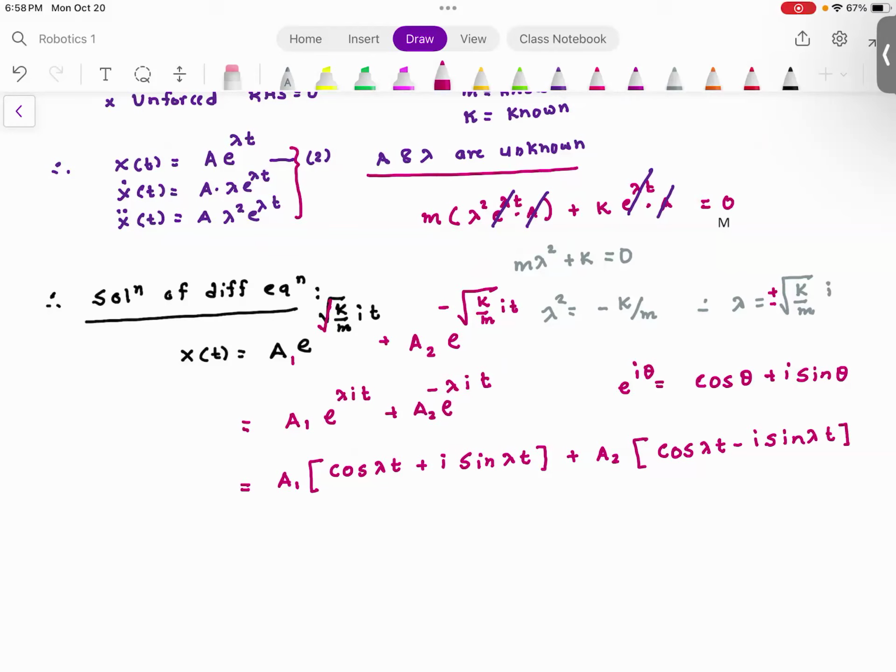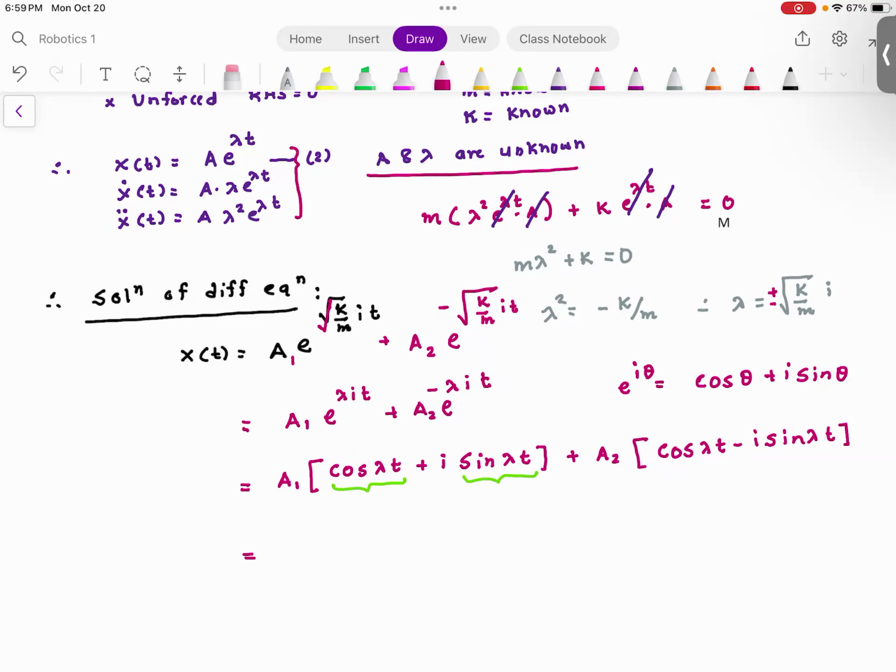You agree with me? So I had a complex equation. I separated the real part and imaginary part. Now what happens? I'm going to collect cosine and I'm going to collect sine. Do you agree with me?